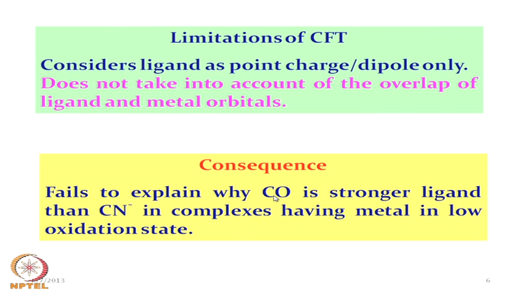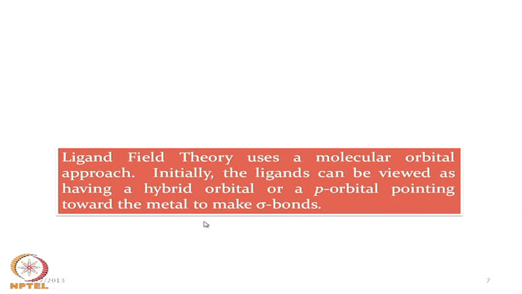That compels us to consider that there is a certain amount of overlap between the carbon monoxide orbitals and the metal orbitals. That means we should consider the formation of the carbon monoxide molecular orbitals, and these will interact with the metal d orbitals to give us good information about the metal-ligand overlap. So, we propose the theory termed ligand field theory, which all the time utilizes the molecular orbital approach as we see for a simple molecule.